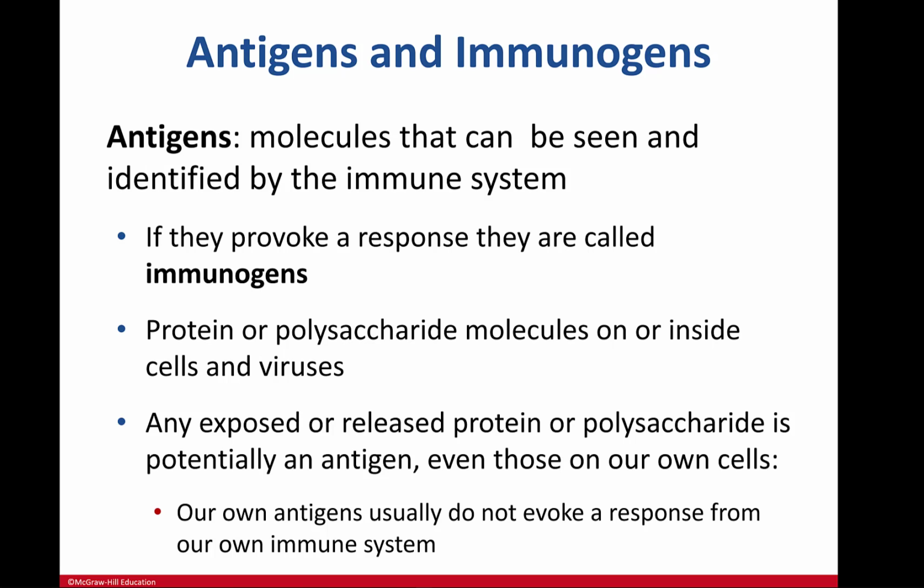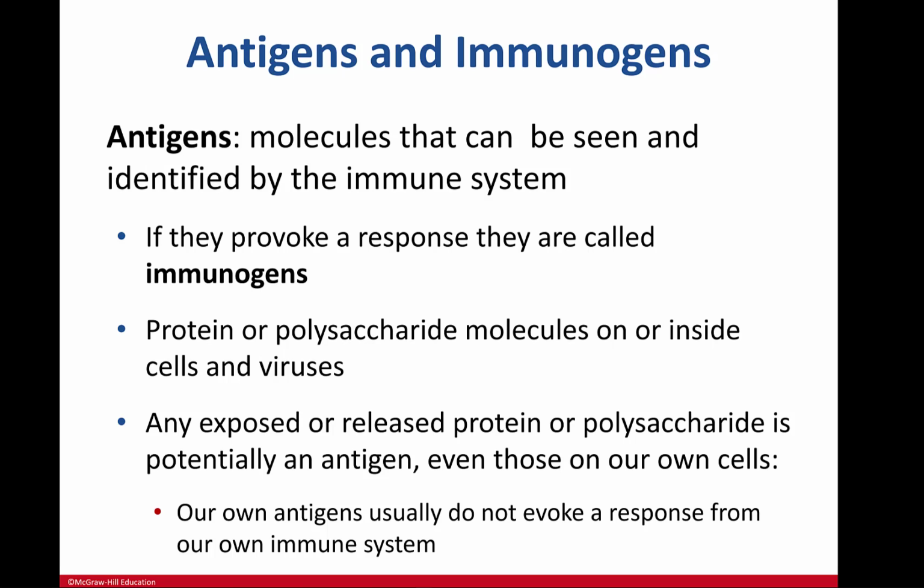Antigen, that's important. Molecules that can be seen and identified by the immune system. So antigens have certain characteristics we're going to talk about. They provoke a response that's called immunogenic. So not all antigens are immunogenic, or some could be poorly immunogenic or poor immunogens.